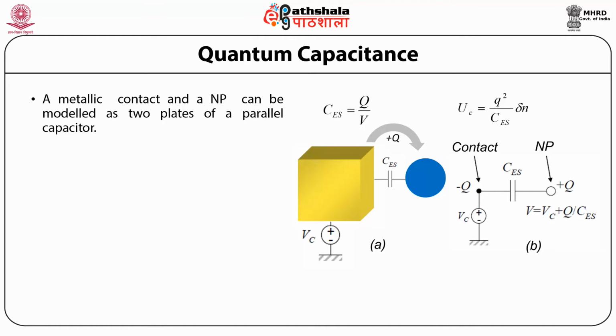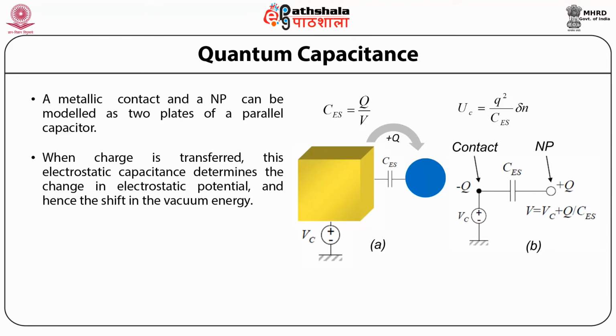The change in potential due to transfer of charge by an amount delta n is U_C equal to Q squared by C_ES multiplied by delta n. In figure B, when a charge is transferred, this electrostatic capacitance determines the change in electrostatic potential and hence the shift in vacuum energy.